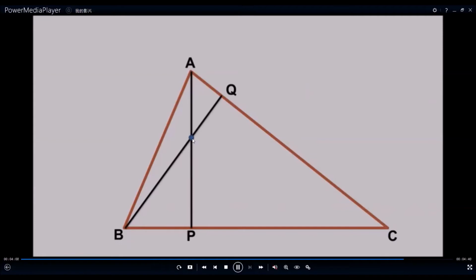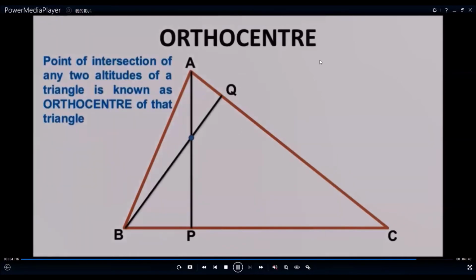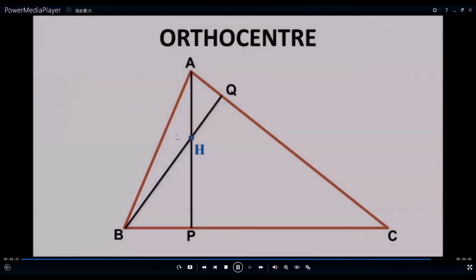This point, the 2 altitudes intersect. We call it orthocenter. And then again, the altitude from C will pass through this orthocenter H.